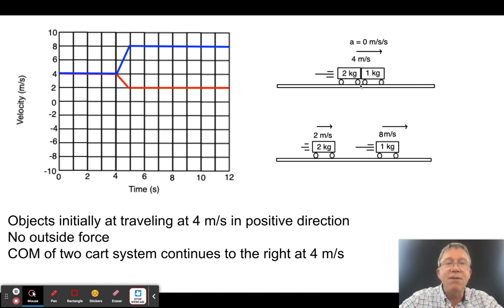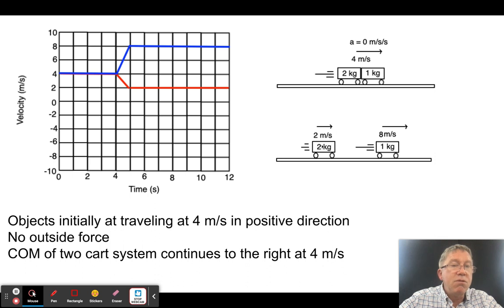Now it's the same thing, but instead of these two cars initially being at rest, they were initially moving to the right in the positive direction at 4 meters per second. A force acts between them, and it's the exact same thing, they were just moving to start with. That force caused this one to lose 2 meters per second. So instead of going 4, it's now going 2.